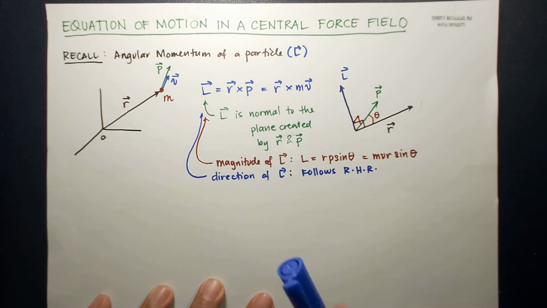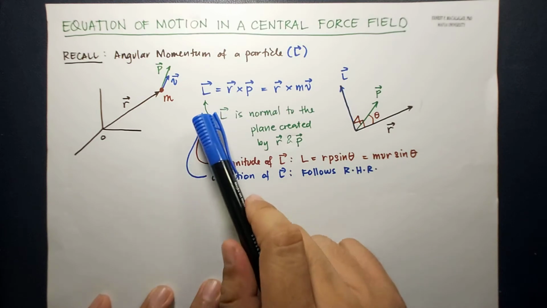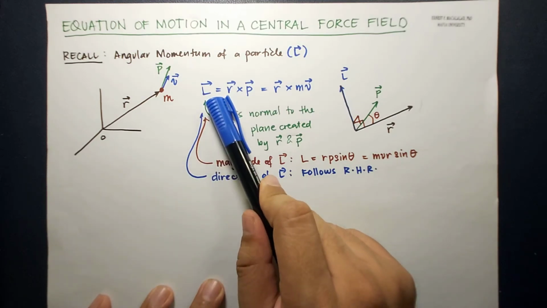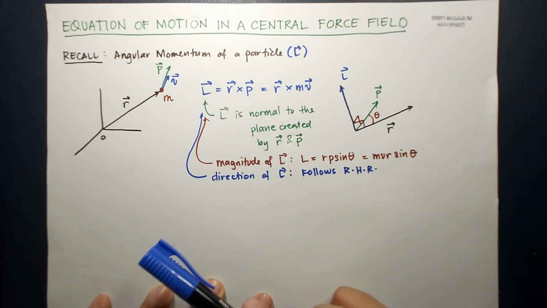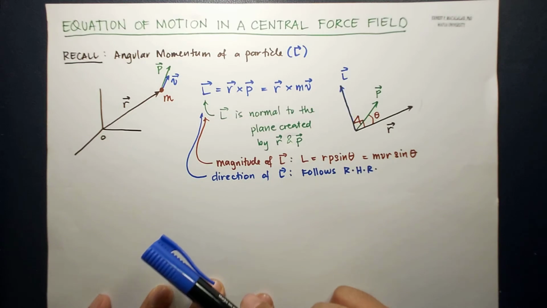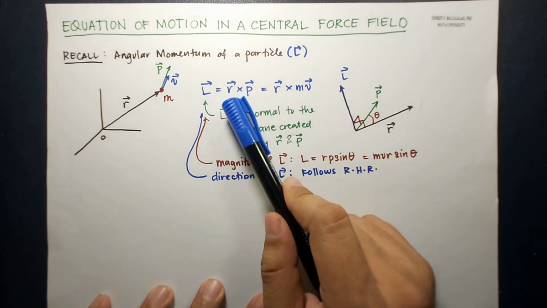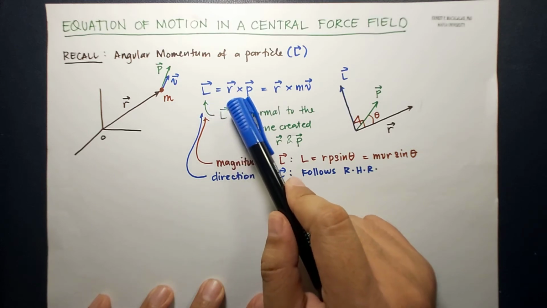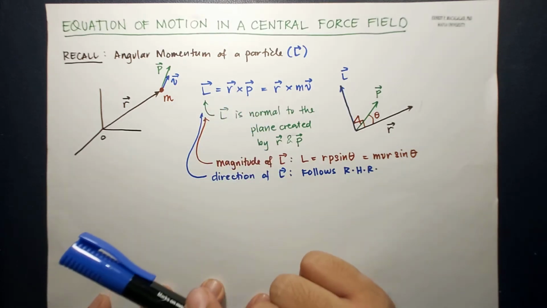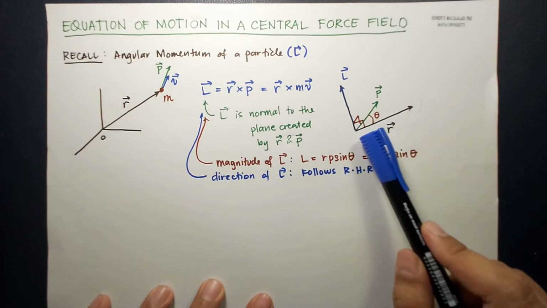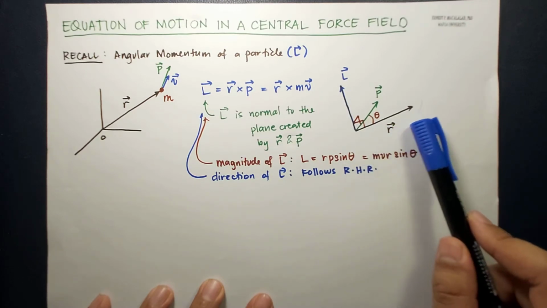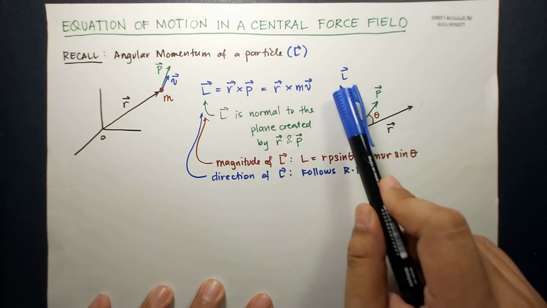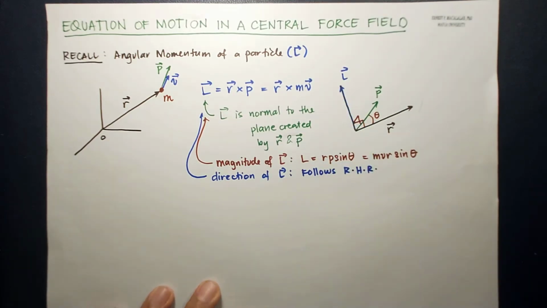So the order of your cross product, r cross p, will give the opposite direction compared to taking the vector product p cross r. Following the right hand rule, if in this illustration this is r and this is p, the direction of your L is in this direction.